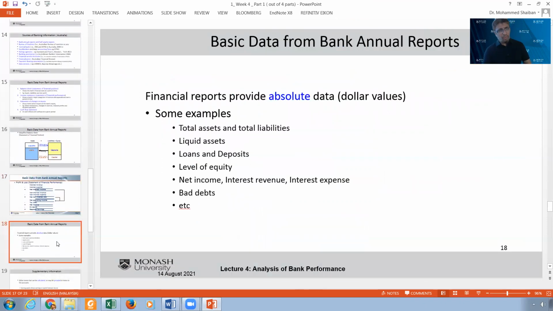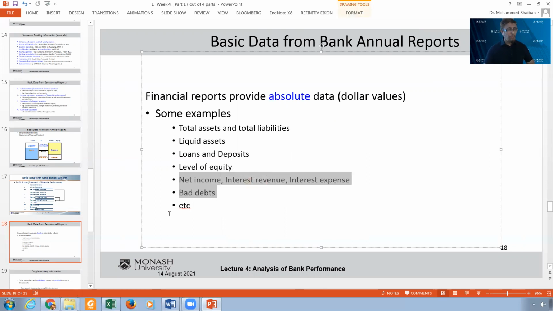So the financial reports actually provide absolute data. From the balance sheet, for example, we can get total assets and total liabilities. We can get liquid assets. We can get loans and deposits, equities, net income, interest revenues, interest expenses, and all these items from the income statements.